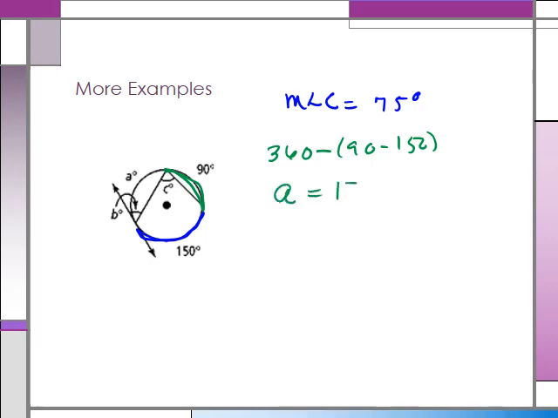So A equals 120. And then B, because it intercepts that arc, got my tangent, and then it intercepts that arc, will be half that. So the measure of angle B will be 60 degrees, or half of that.